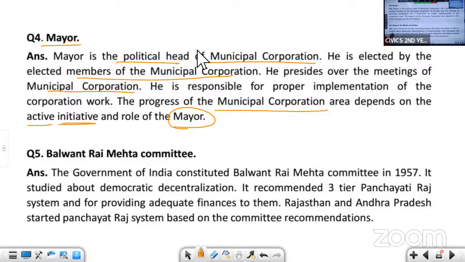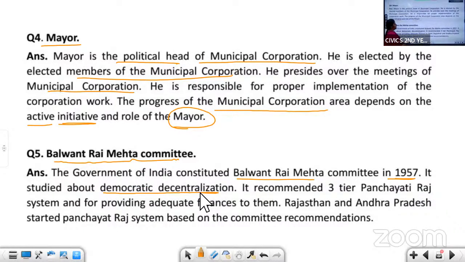Next is Balwant Rai Mehta Committee. The government of India constituted a committee headed by Balwant Rai Mehta in 1957. Why did they constitute this committee? For democratic decentralization, for division of powers at different levels.